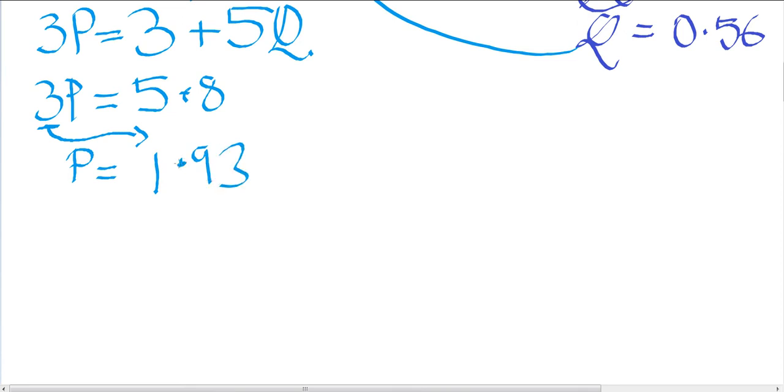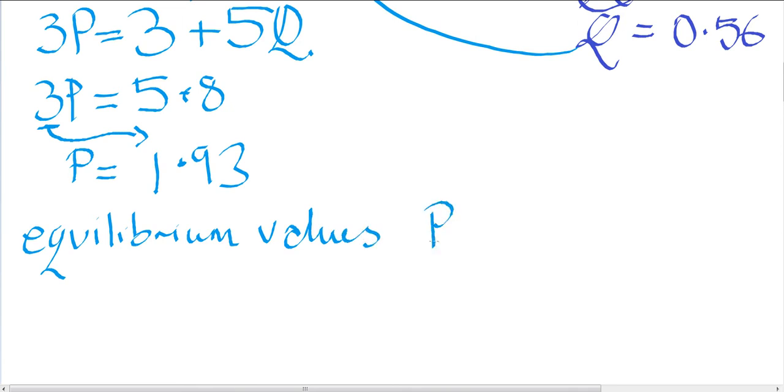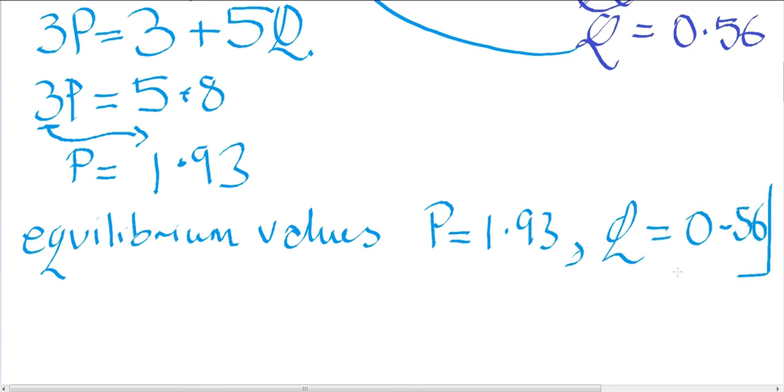So now I have my equilibrium values, and just don't always try and give a nice answer. Equilibrium values: P equals 1.93 and Q equals 0.56.